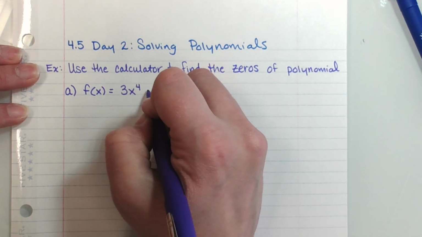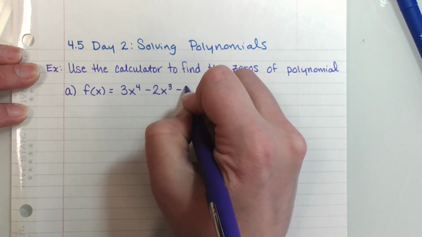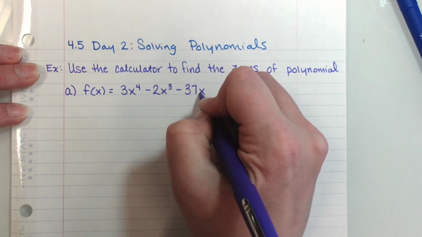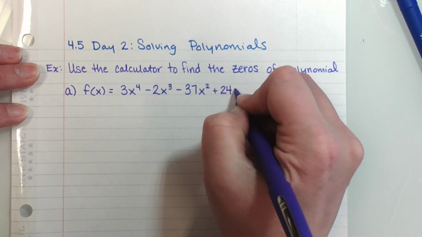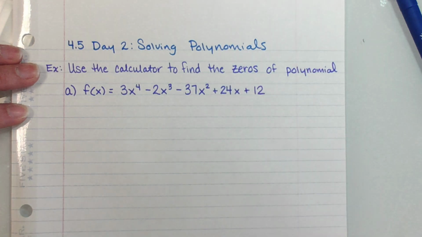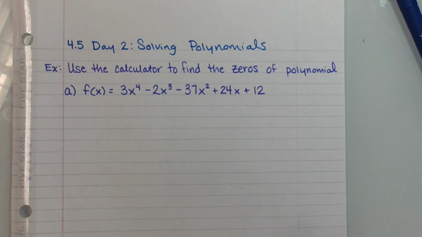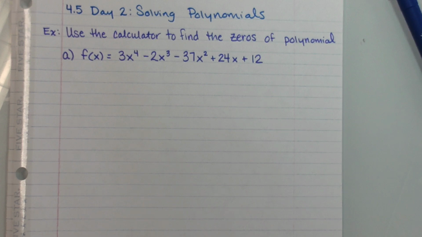Like the following. Three x to the fourth minus 2x cubed minus 37x squared plus 24x plus 12.